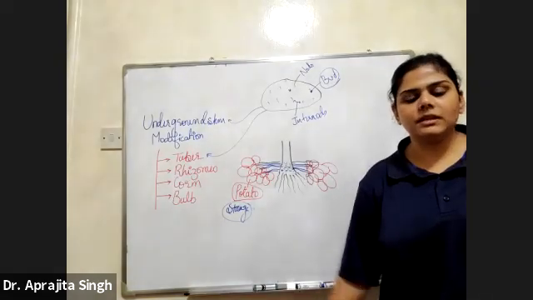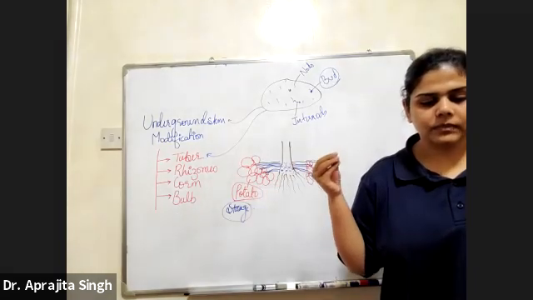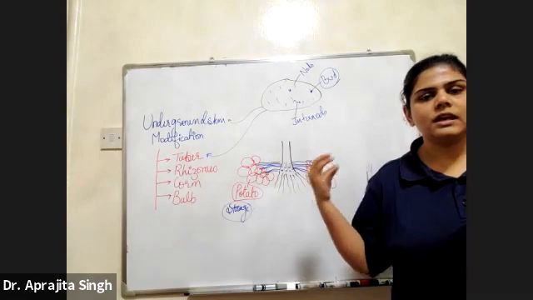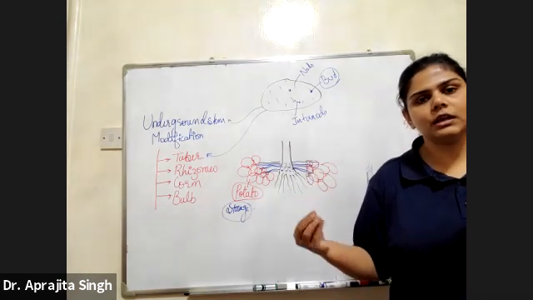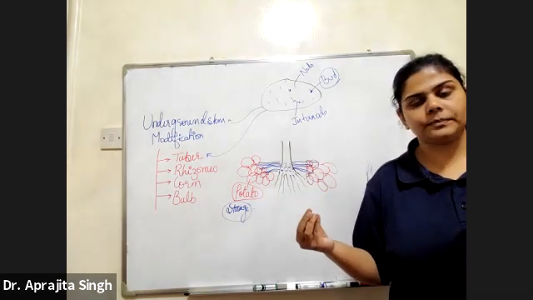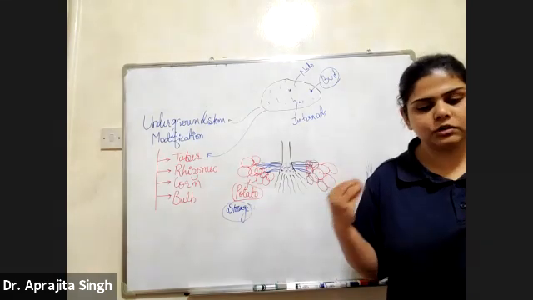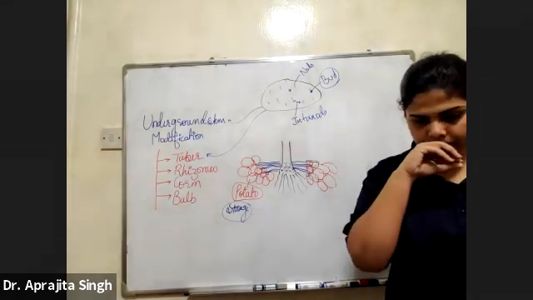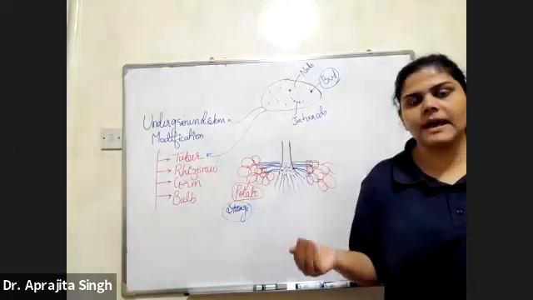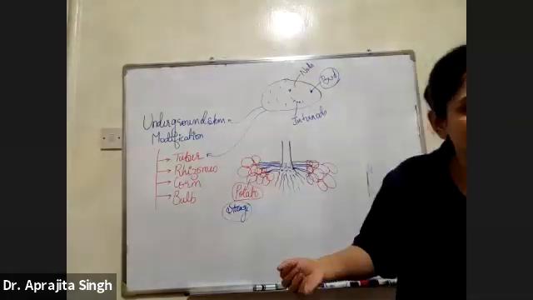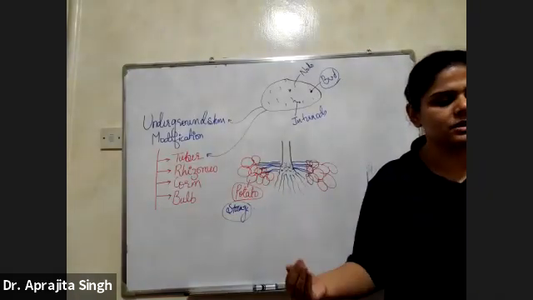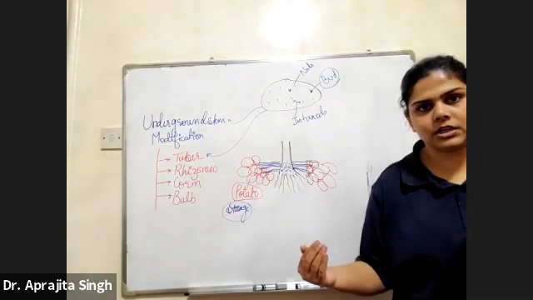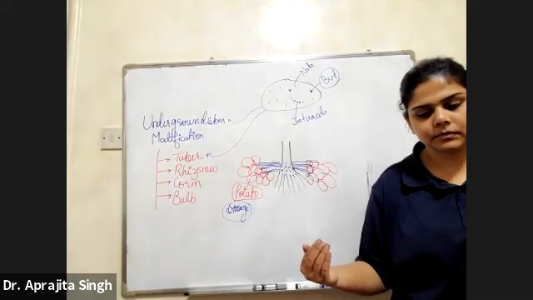Perennation means root storage or root modification, and the stem modification for food storage. Food storage, particularly I am emphasizing on this word, food storage, so that the plant can survive in adverse, unfavorable conditions. Done?